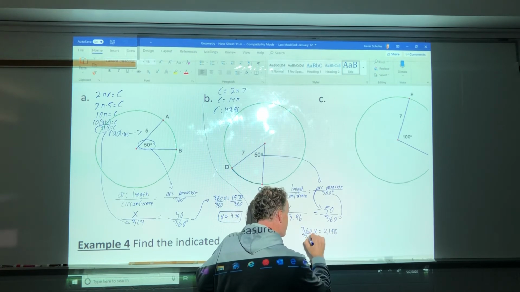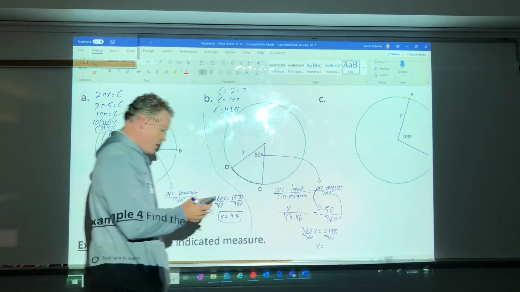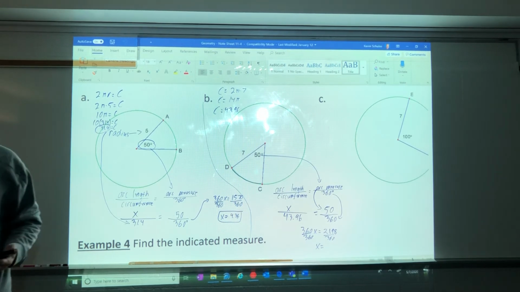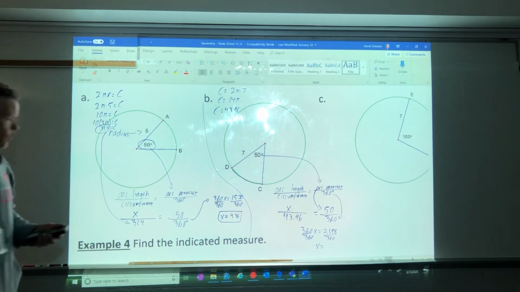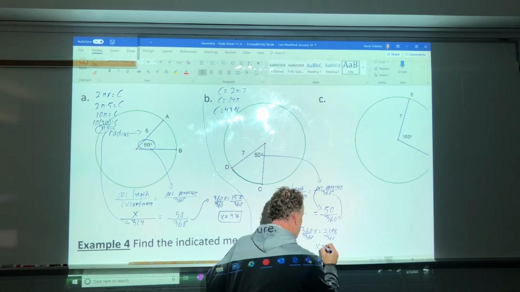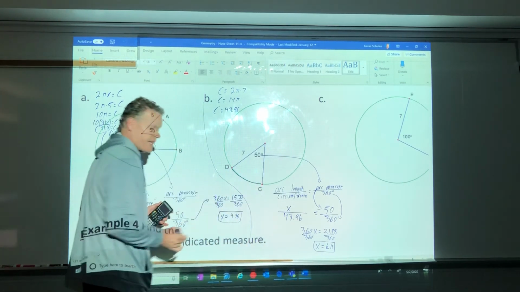We divide through by 360, and x is going to end up equaling, we get a decimal here, 6.11. Roughly 6.11 units is going to be what the length of our arc is, and that was what we were trying to find.